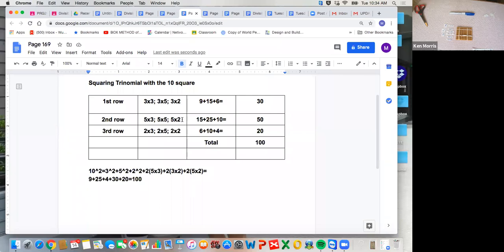Then I have 5 times 3 plus 5 times 5 plus 5 times 2. These should really say plus and not semicolon. Let me just fix that real quick. We're adding all these terms together.